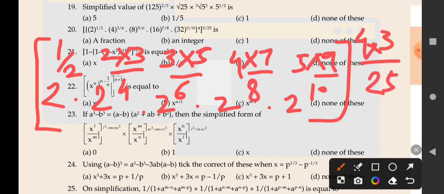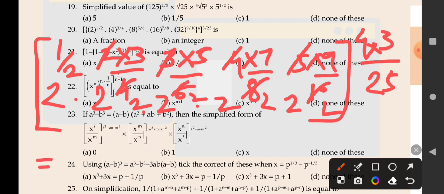Okay, this is multiplication. So 2 ones are 2, 2 twos are 4, 3 ones are 3, 3 twos are 6, 4 ones are 4, 4 twos are 8, 5 ones are 5, 5 twos are 10. So what do we have? We have 2 in the denominator of the powers. So we have 2 into 1 plus 3, 4 plus 5, 9 plus 7, 16 plus 9, 25.